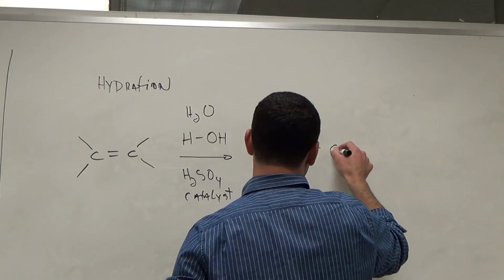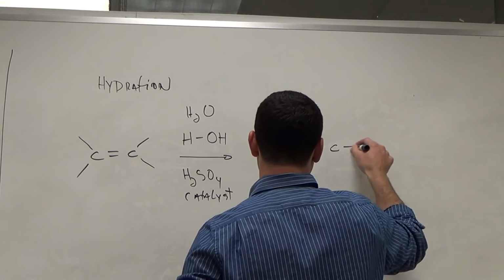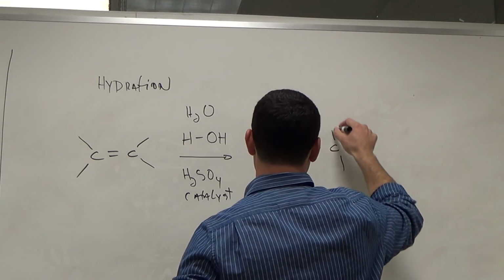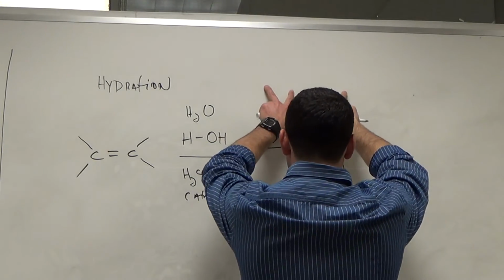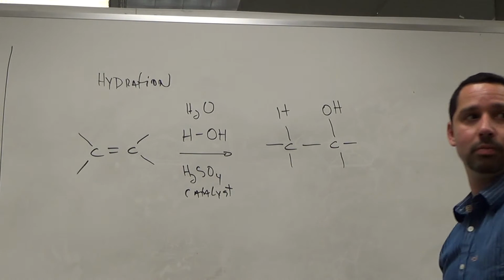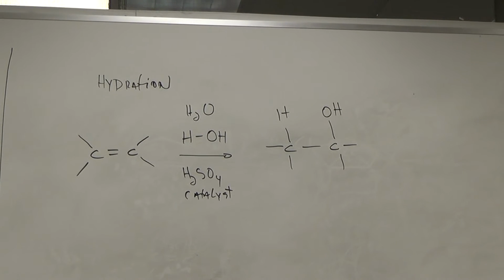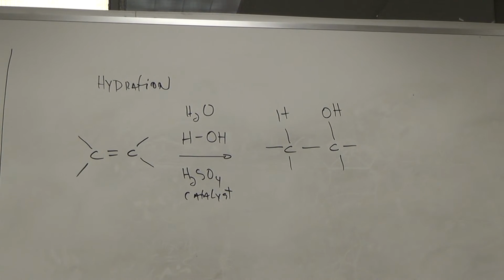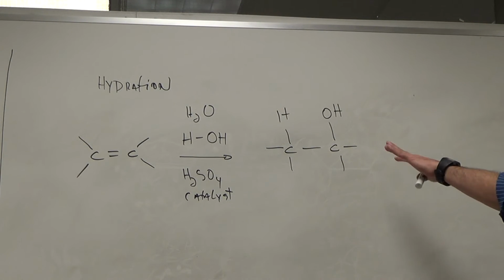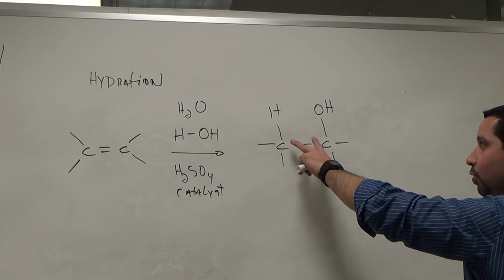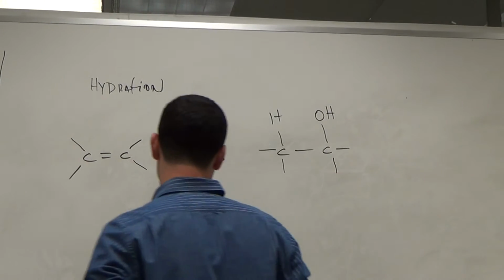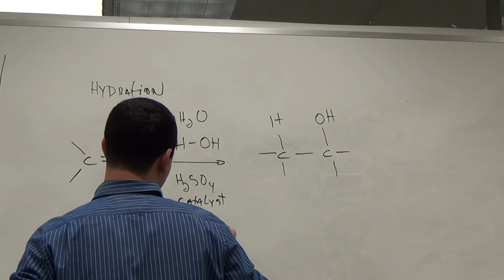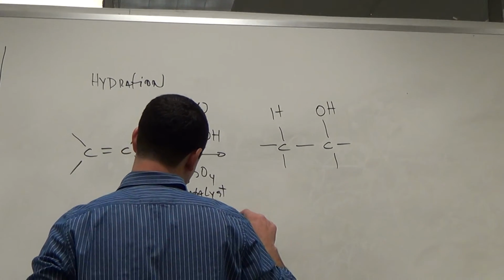On one side you are going to have a hydrogen, and on the other side you are going to have the OH. This H and this OH is water. This is why this is called hydration. Now, I did not show any stereochemistry here. This is just to show you that one goes to one side and the other to the other side. This follows Markovnikov addition.